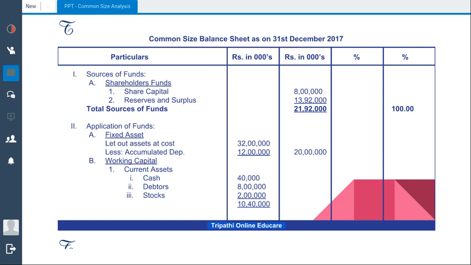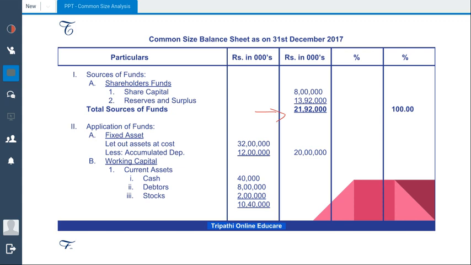If I want to know share capital is how much percent of the total sources of fund, that means you have collected 21,92,000 as the total sources of fund from various sources. In this we can see we have only two different sources: one is share capital, second is reserves and surplus.